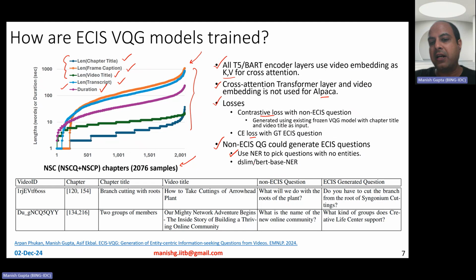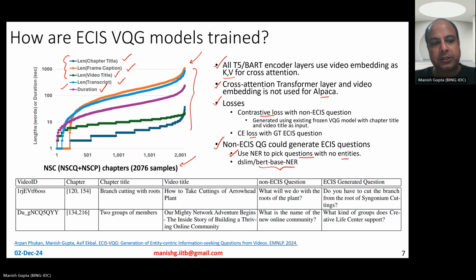We use a standard BERT-based NER model to pick only those questions which have no entities. Questions which have entities, we discard, and we sample again from the traditional QG model to get a question with no entities, so that we are properly sure that this model is generating a non-ECIS question.